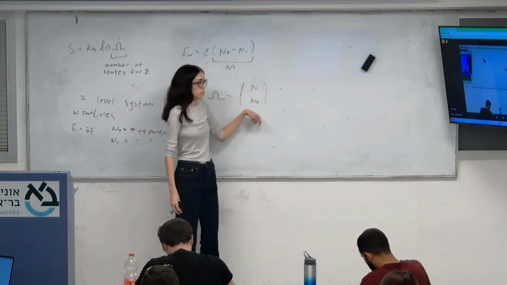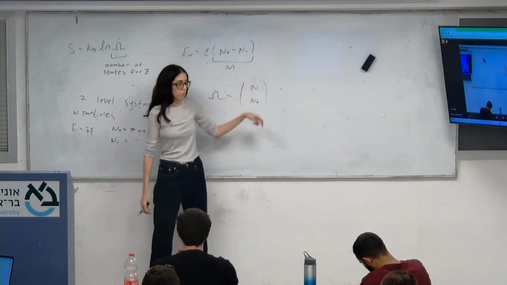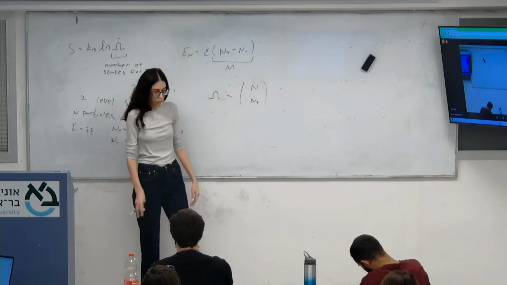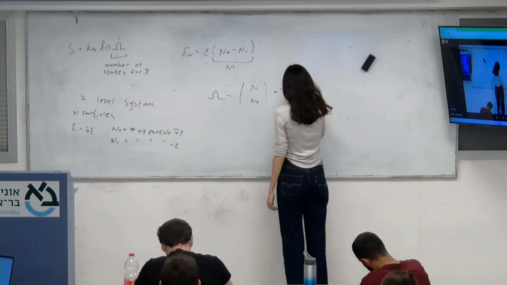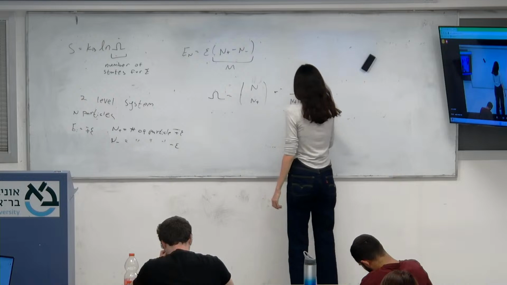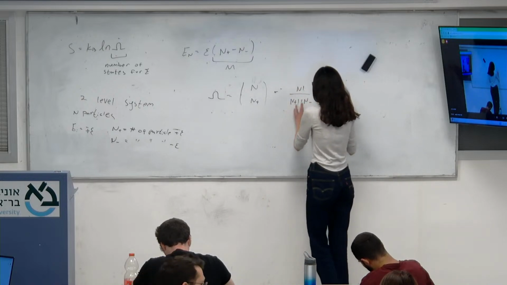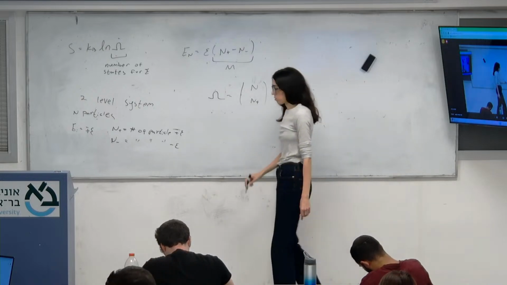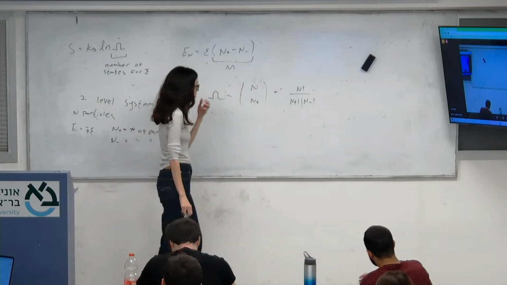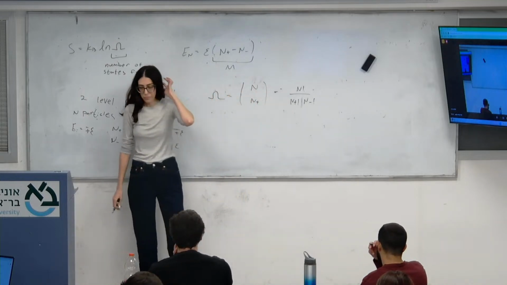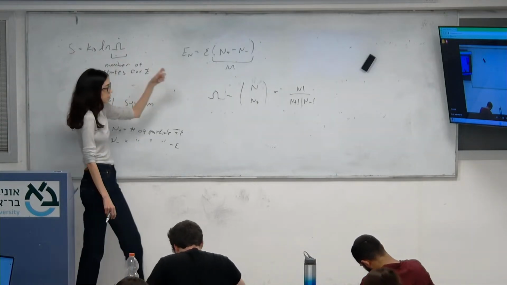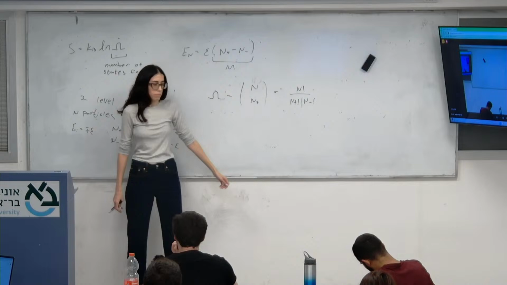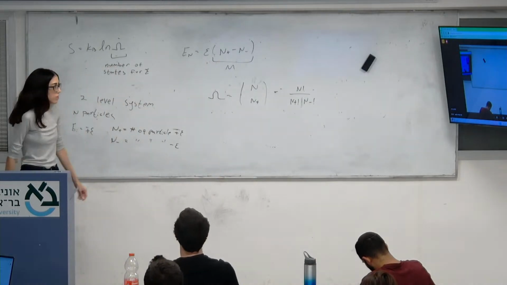You know this binomial coefficient: n factorial over n plus factorial times n minus factorial. This is just the definition. And again, if you want to calculate the entropy, you can take the logarithm of this and you get the entropy of the system.